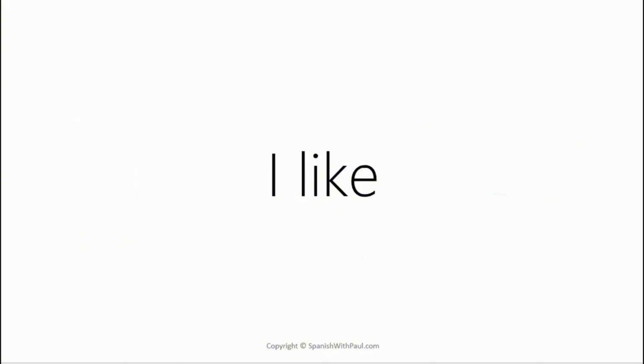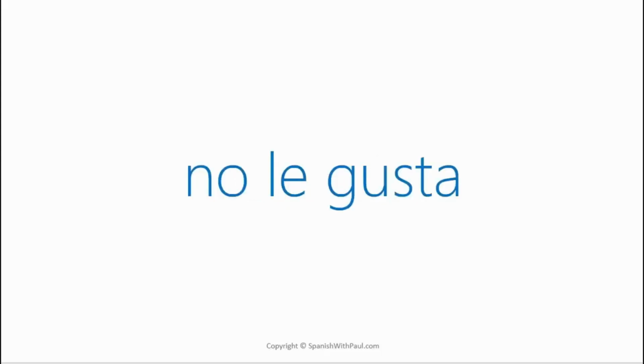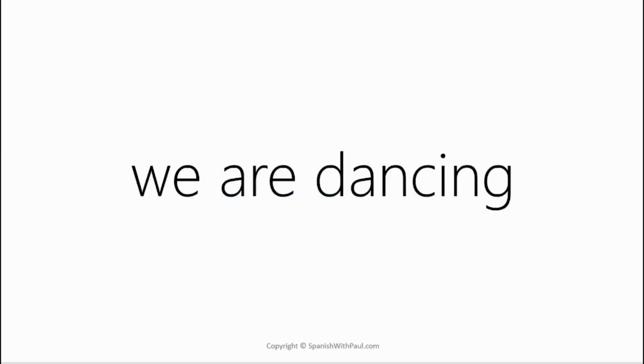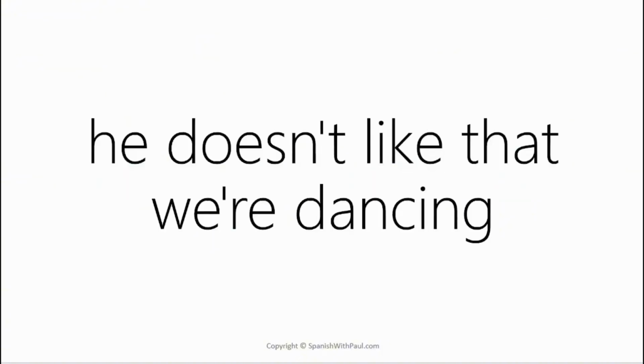What is I like? Me gusta. He likes. Le gusta. He doesn't like. No le gusta. How would you say we are dancing? Estamos bailando. Now say he doesn't like that we're dancing.